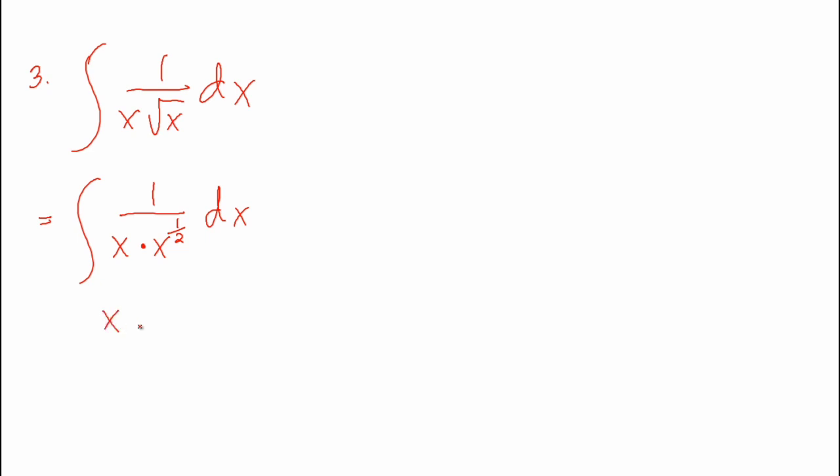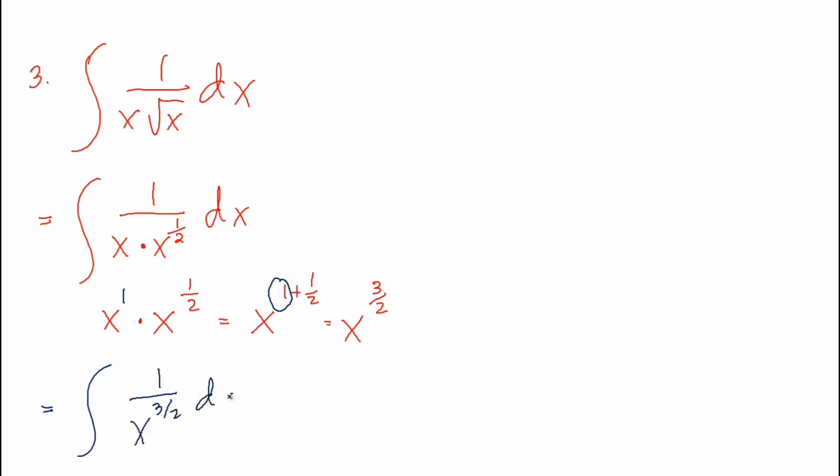So x times x raised to 1/2 is equal to x raised to 1 plus 1/2, or that is equal to x raised to 3/2. So 1 plus 1/2 is 3/2. So we can rewrite it as 1 over x raised to 3/2 dx.